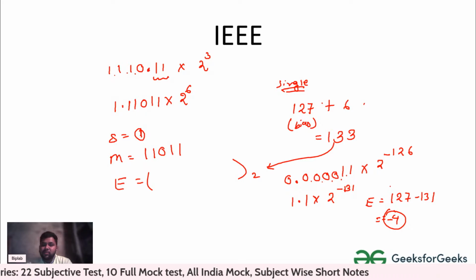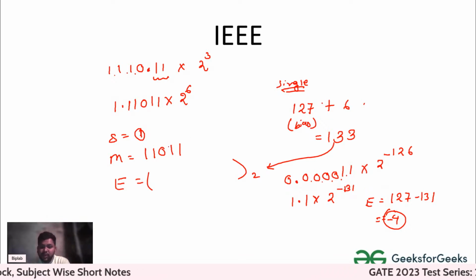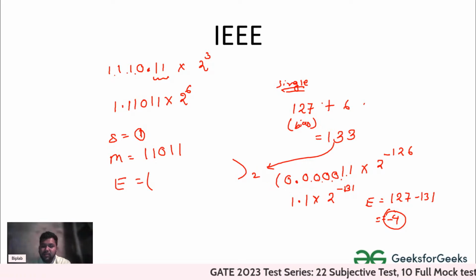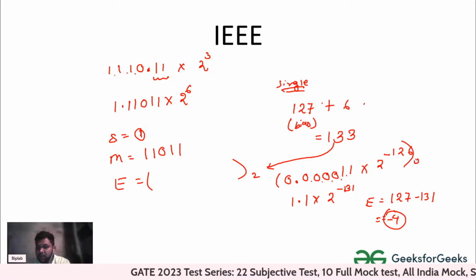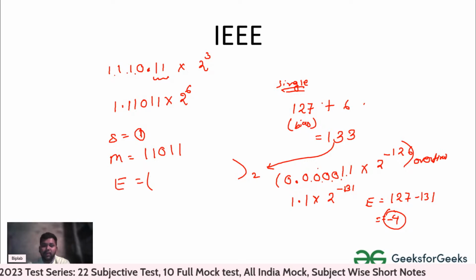E is always positive. That's why we are adding the bias, so that our negative number gets cancelled. This is the case when you call this a denormalized number. What do you do at that time?